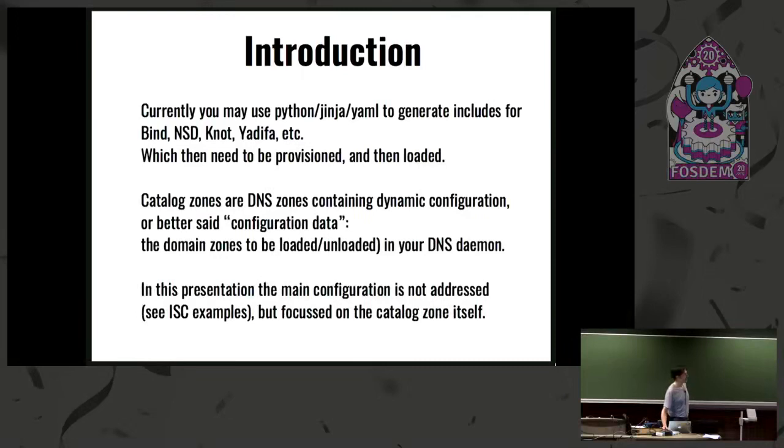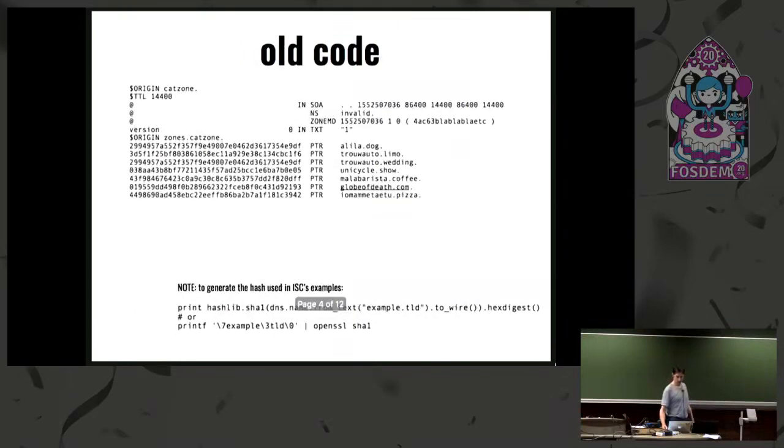Catalog zones contain the information that's variable in your configuration, so basically the list of zones that you need to have loaded in your daemon. The configuration of the daemon is not addressed, but the catalog zone is. This is a code example that is working.